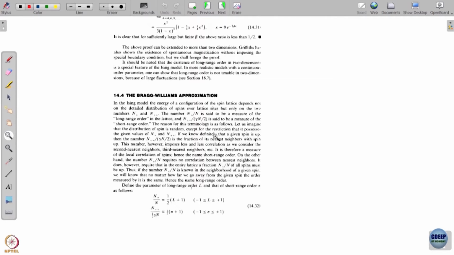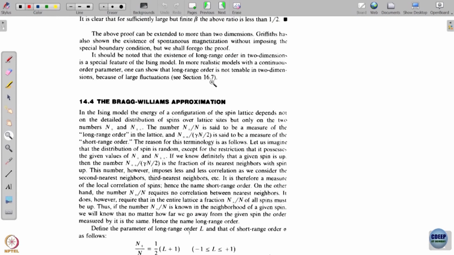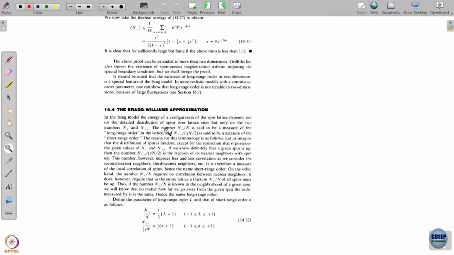The mean field theory at the level I am doing is the Bragg-Williams approximation.